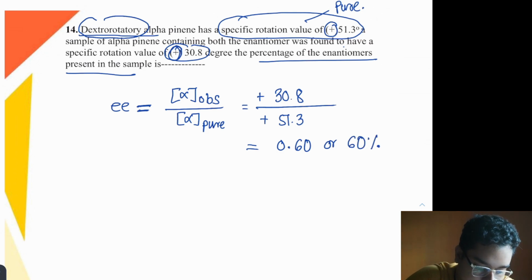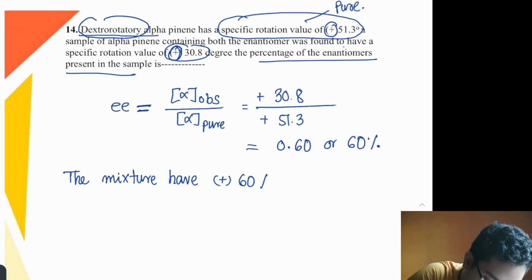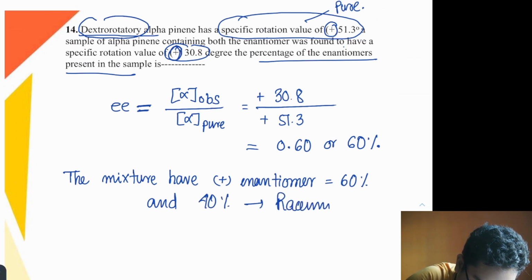That means enantiomeric excess of 60% suggests that the mixture has plus enantiomer 60% and 40% racemic.